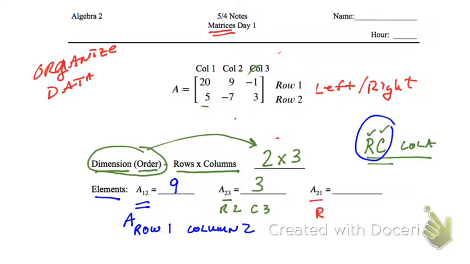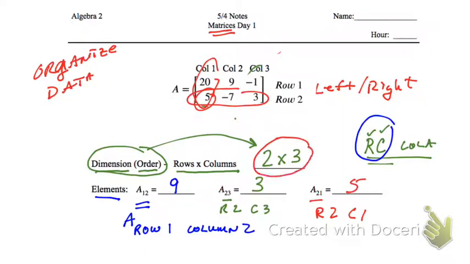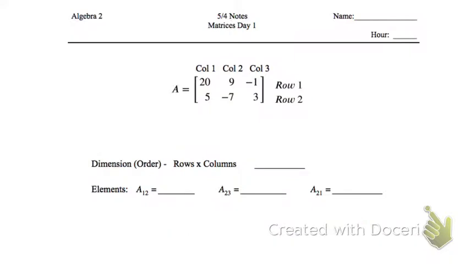That would be row 2, bottom row, column 1, first column. That's a 5. So that's what I want you to be able to do today. I want you to be able to tell me the dimension and then pick out individual elements and really make sure you always do row by column. Okay? So let's take a look at another example today, and that'll be about all I'll have you do today.